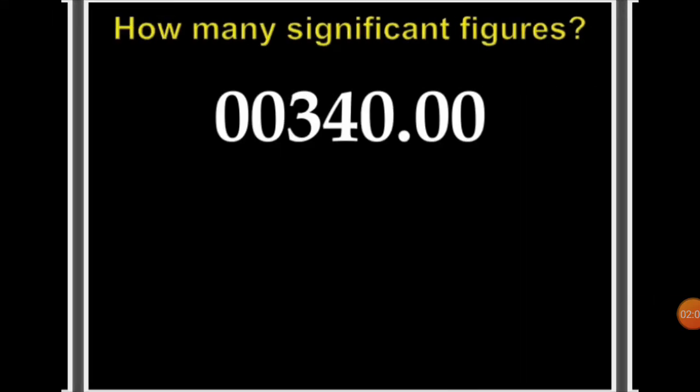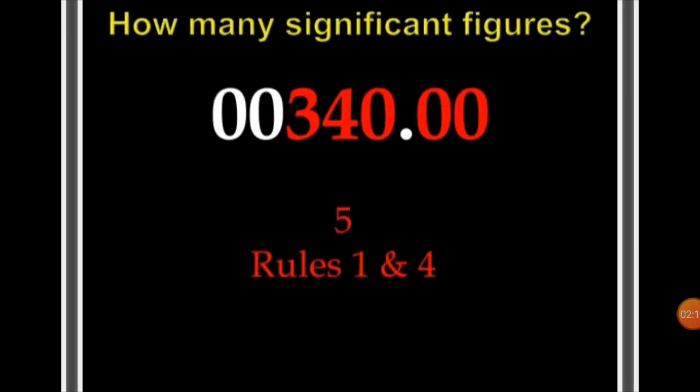Now we'll take some examples. As the number is given over here, 00340.00, how many significant figures? Now the red color numbers are significant and the answer is 5 according to rules 1 and 4. Rule 1 was all the non-zero digits, and rule 4 was the zeros present on the right side are significant.